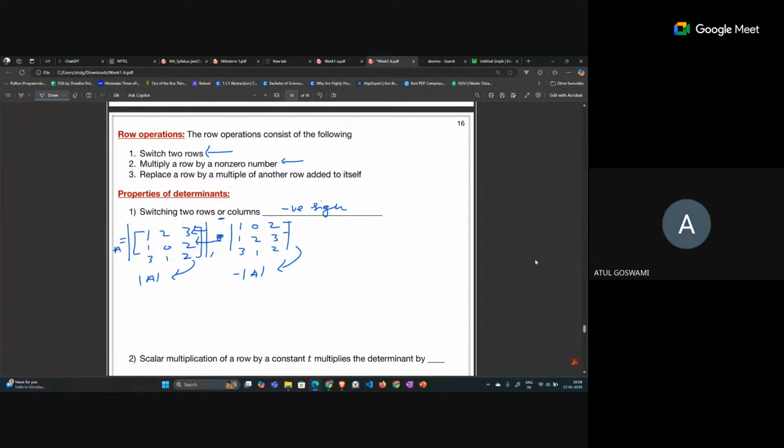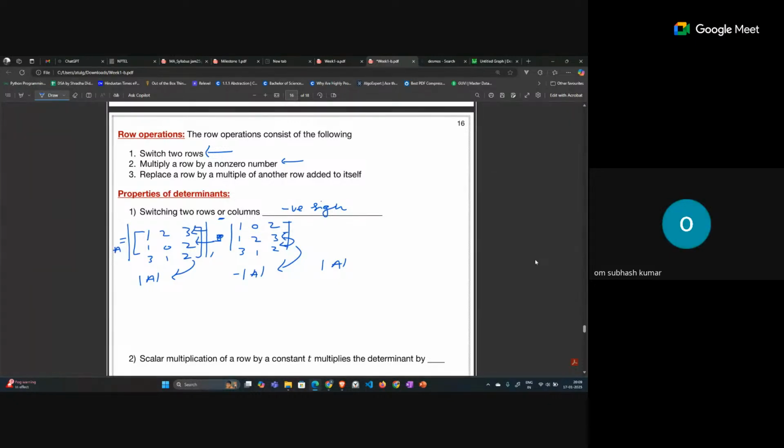Yes, sir. Similarly, if we interchange any two columns, the same effect comes on the determinant: a negative sign. Suppose we change two rows again, there will be a minus again, so it becomes positive, the original value, if we interchange any two rows again.